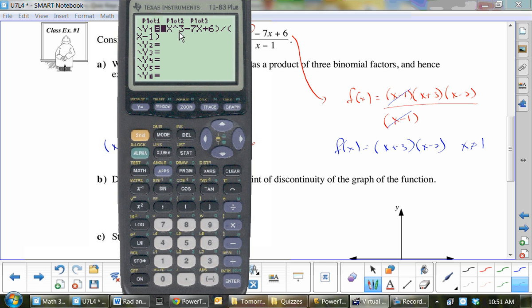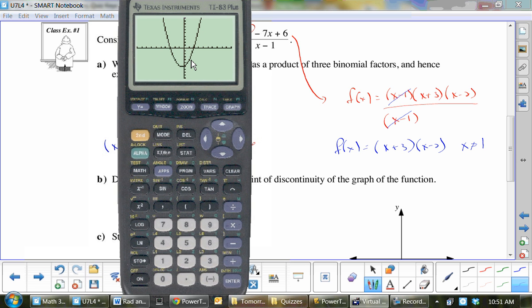Always try to put in the original, x cubed minus 7x plus 6 over x minus 1. And zoom 6. Now, at x equals 1, there's supposed to be a hole. There's supposed to be a hole right there.